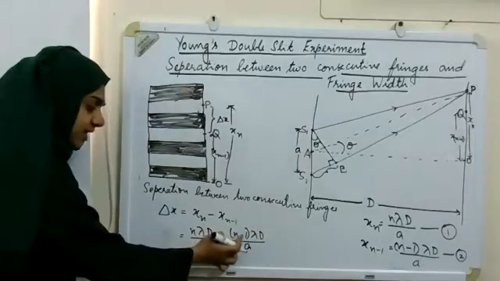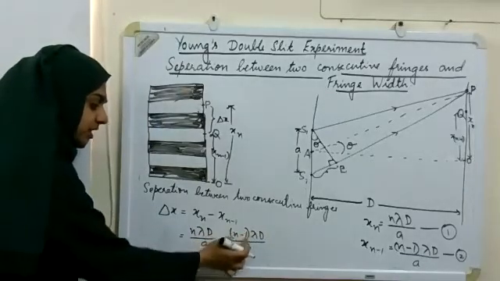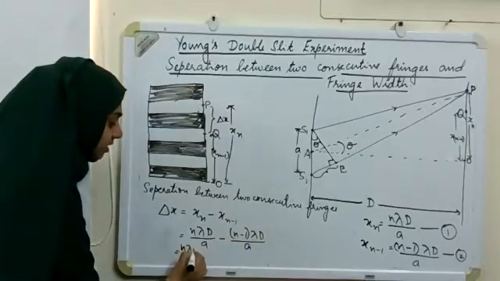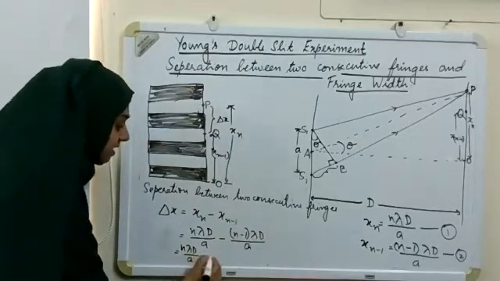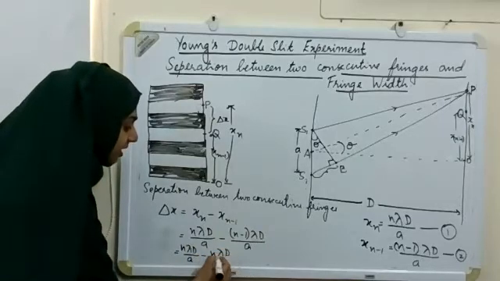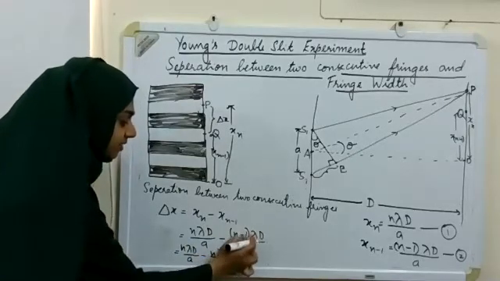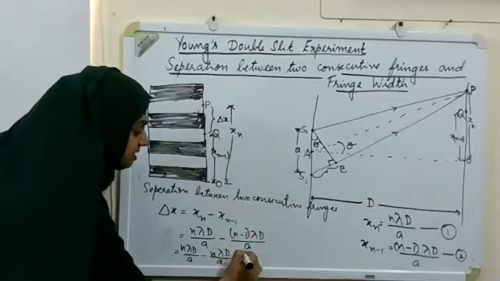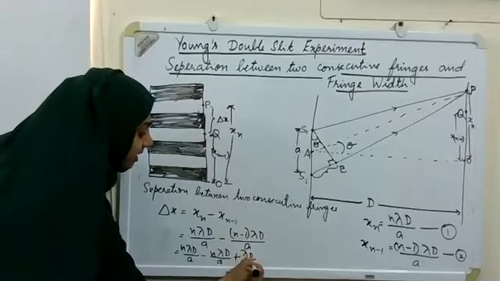So if I expand this n minus 1, take it to lambda d by a, you will get n lambda d by a minus n lambda d by a, I'm expanding those brackets, so minus times minus, it will be plus lambda d by a.